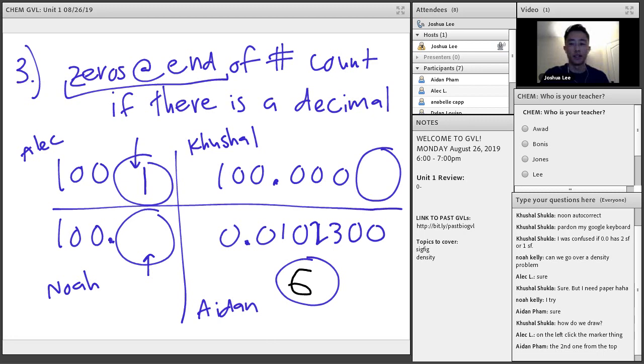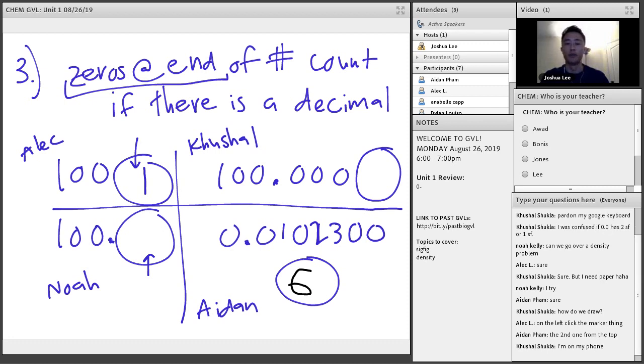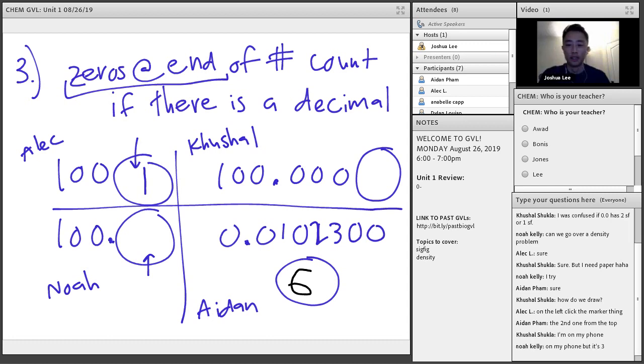So Alex got it. Aiden's got it. It might be different if you're on the phone. Possibly. Noah and Kushal, you guys are on your phone. Or I guess you could just type it in. There's no real reason for you guys to draw. It's just kind of fun to draw.